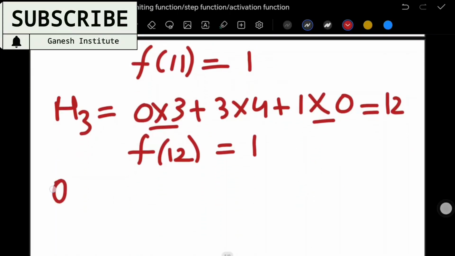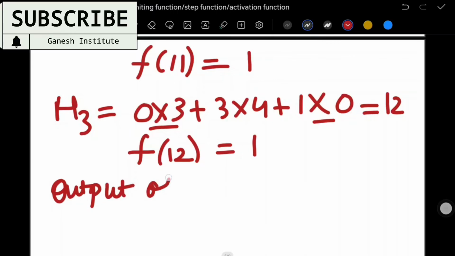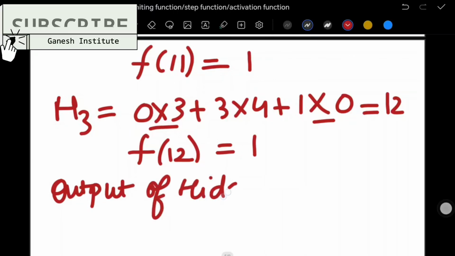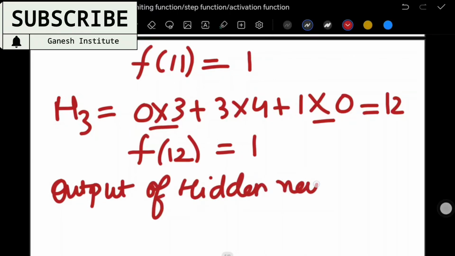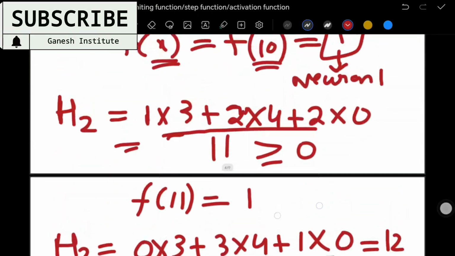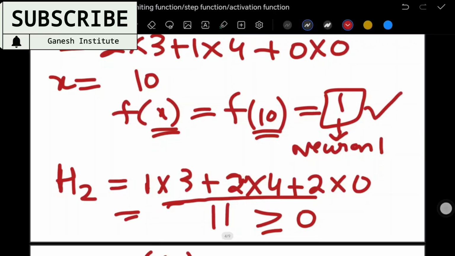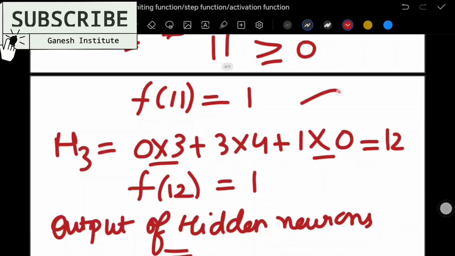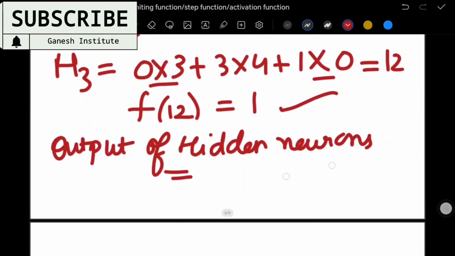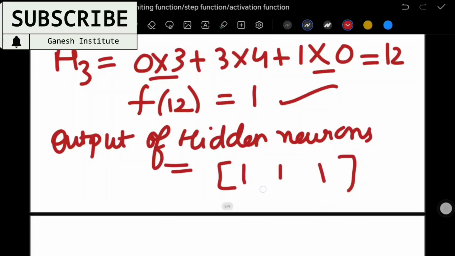So we have got the output of the hidden neurons. The first activation is 1, the second activation is also 1, and the third is also 1. So we've got the output 1 1 1.